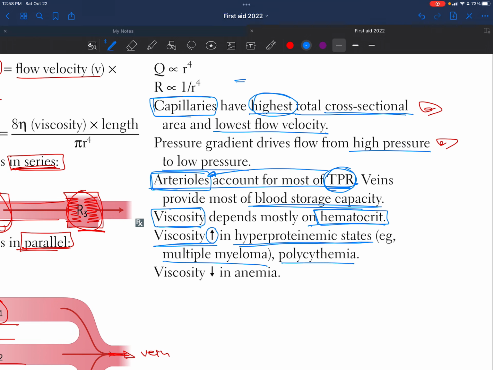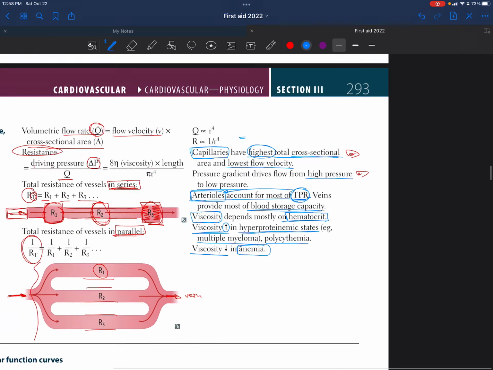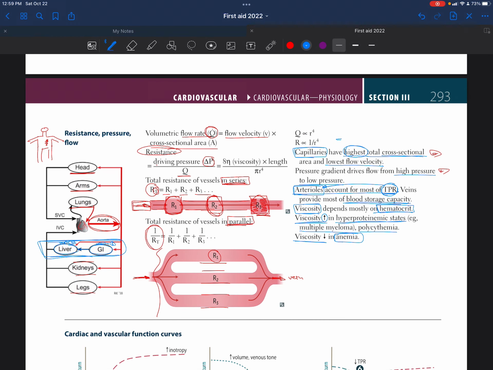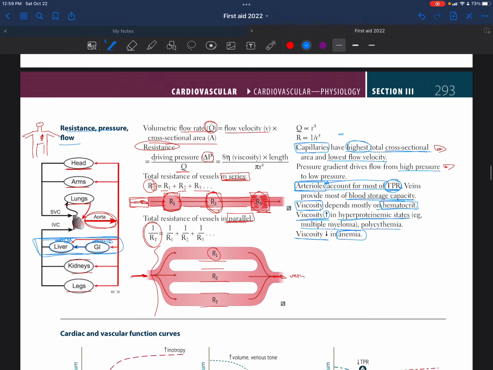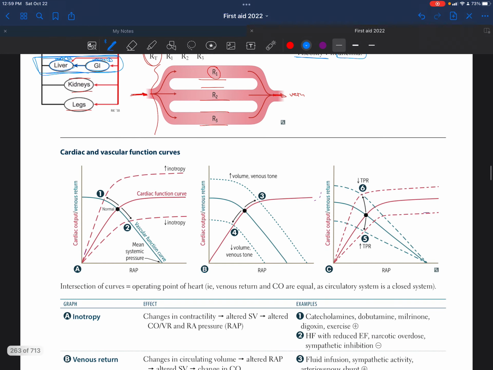So that happens in multiple myeloma. Now I have higher viscosity. And also in polycythemia, because we have too many RBCs. So that's why the viscosity increases. But in other cases, the viscosity decreases, as in anemia, because we have lower blood cells. So it doesn't have a lot of contents for the viscosity.